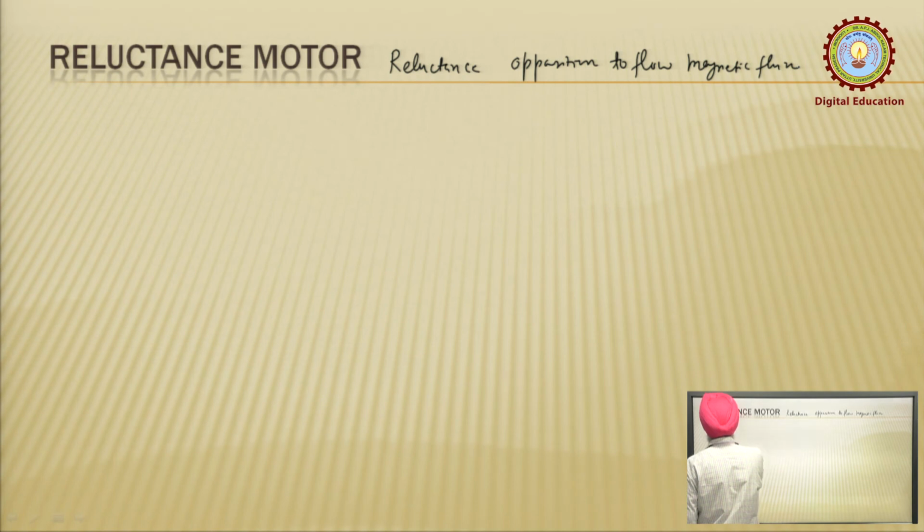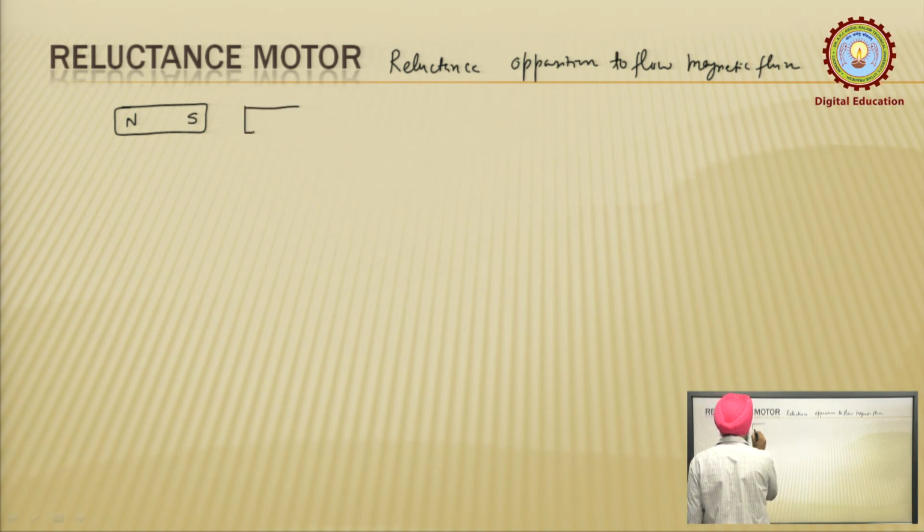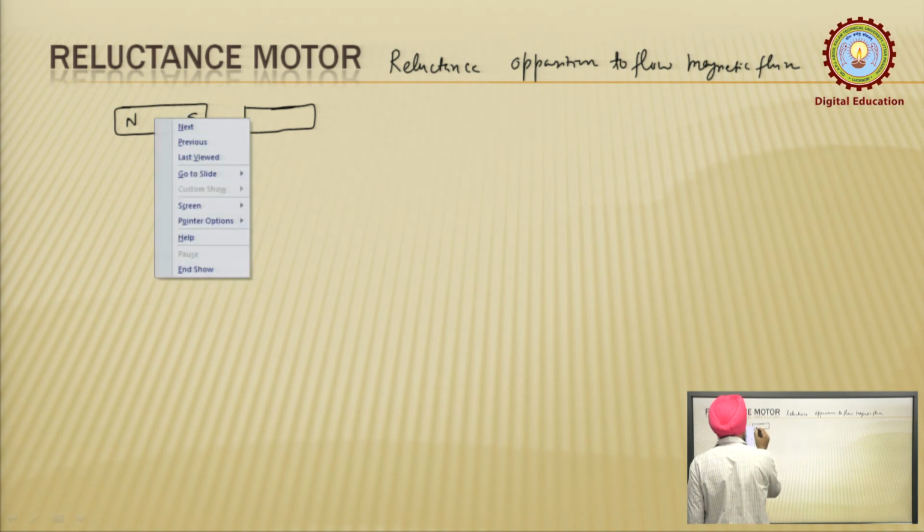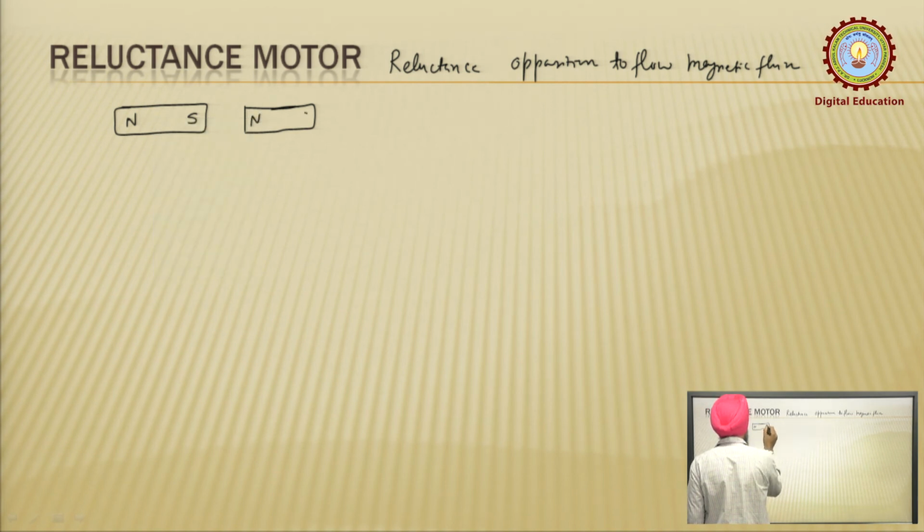The concept behind the reluctance motor is, suppose we have a bar magnet, north and south, and nearby we have a ferromagnetic or magnetic material. Due to the magnetic lines of force, its dipoles get aligned in such a way that north is here and south is here, because of this permanent magnet.